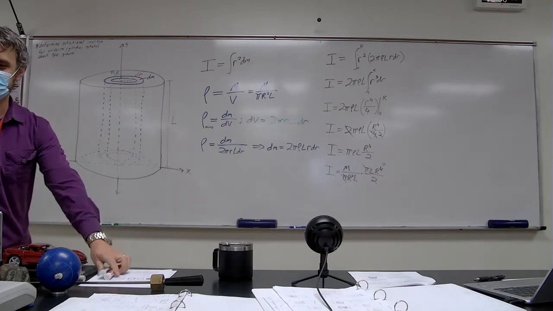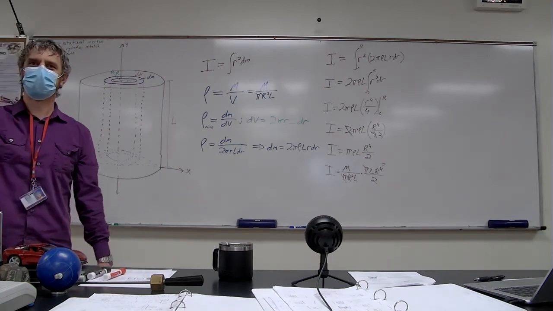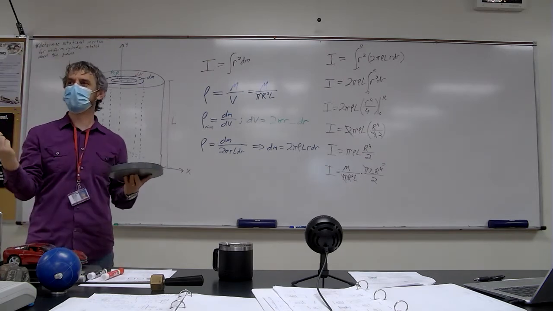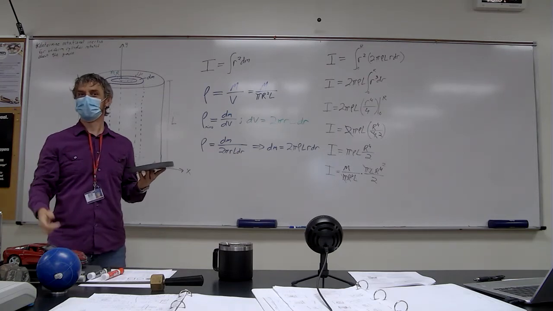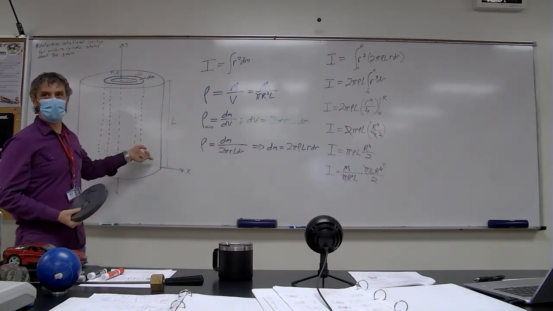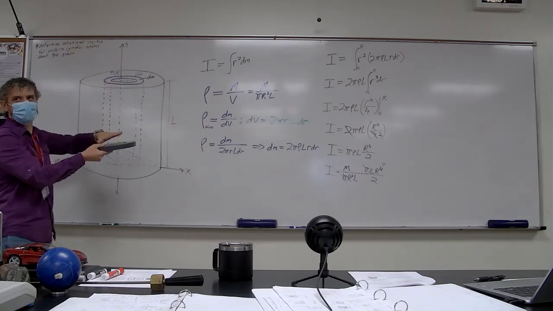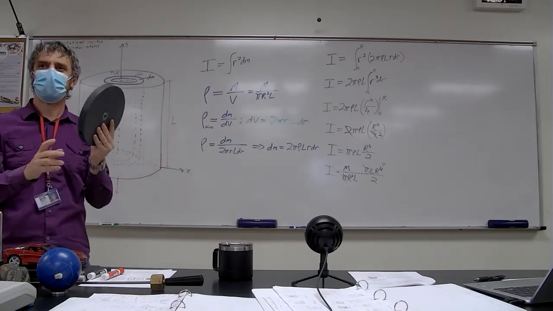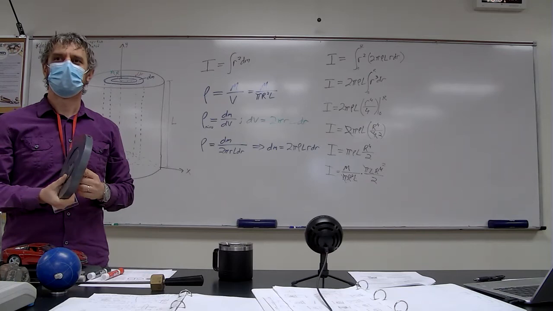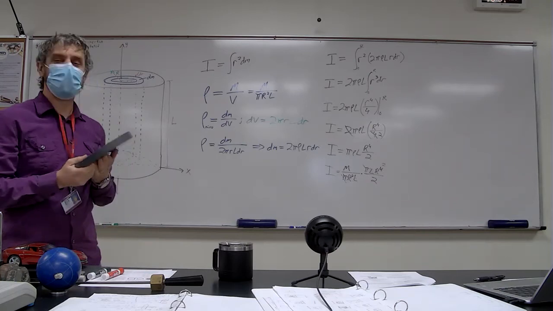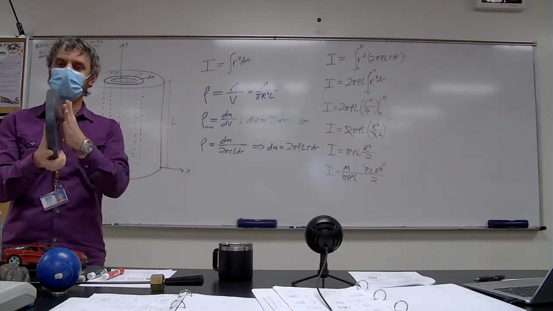That means the dimension, this is a cylinder. A pulley is a cylinder. A cylinder could be long this way, could be real thin, same expression, because if they have the same mass, they'll have the same rotational inertia, regardless of how long.